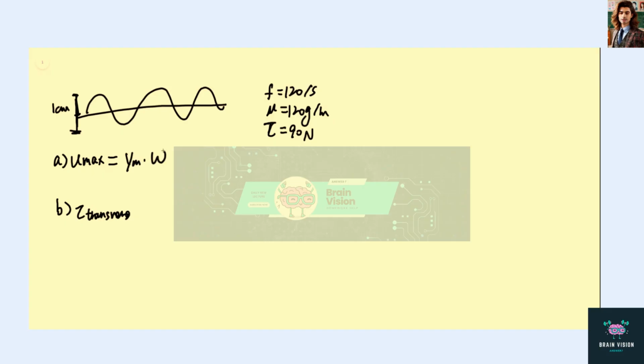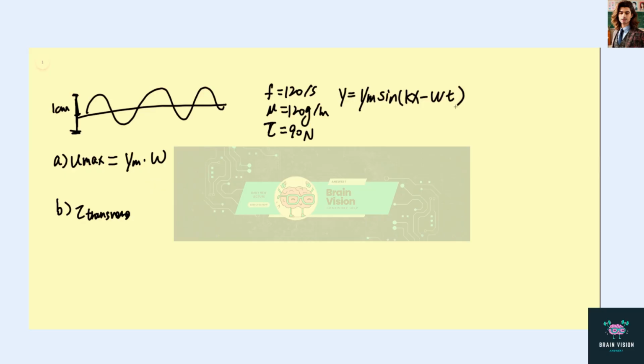So we already did this equation in chapter 15, and the equation is ym times omega. But I think it will be more due to part B to actually quickly write out the derivation again. It's because we have this wave, which is described by y = ym sine(kx minus omega t).